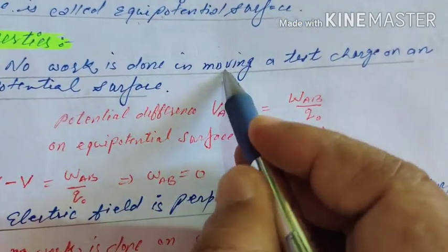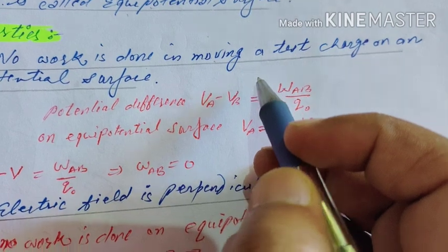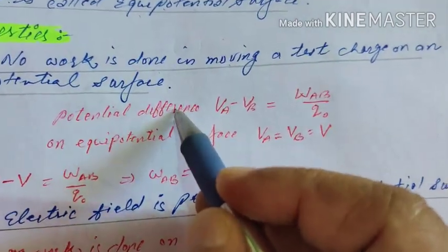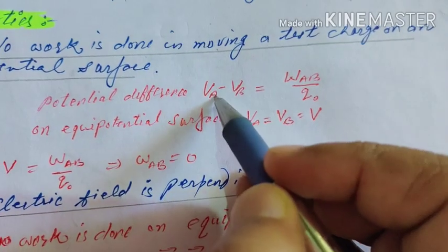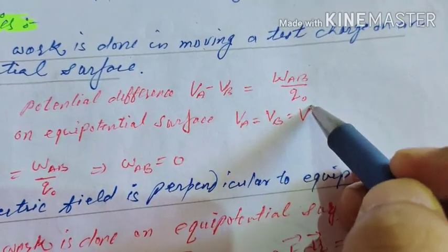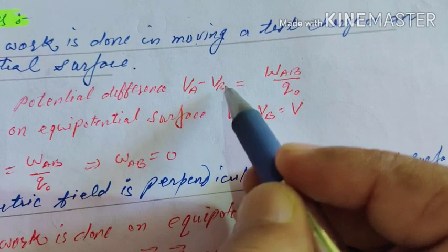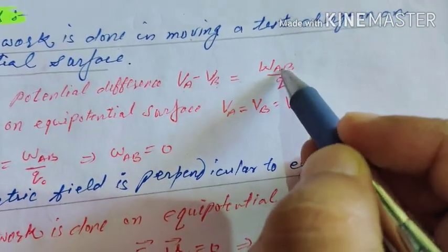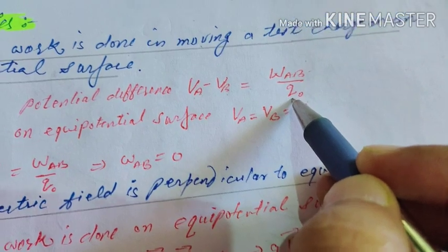To prove that no work is done in moving a test charge on an equipotential surface, we know that potential difference is work by charge. So this is the potential difference between two points A and B, given by work done from A to B in bringing test charge Q0.